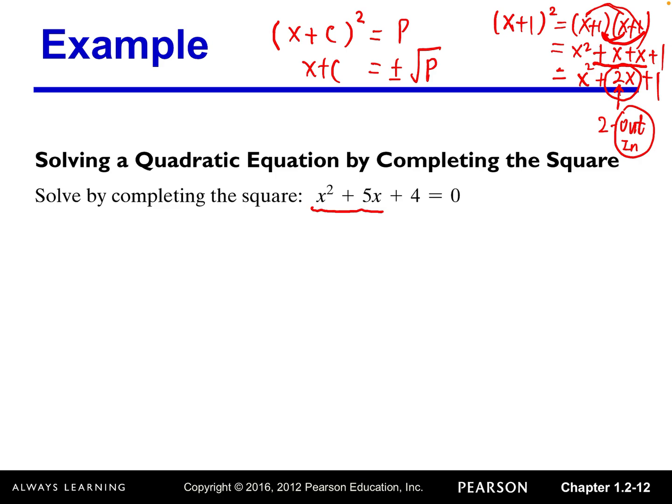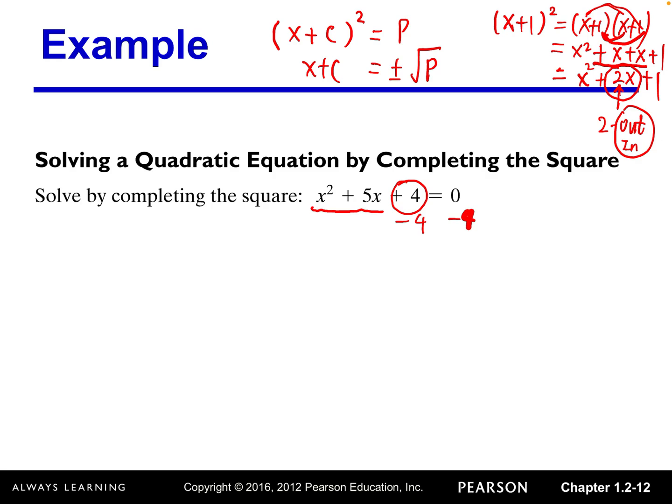So now let's look at this quadratic equation. We try to solve x squared plus 5x plus 4 equals 0 by the completing the square method. First step, we need to move the constant term to the right-hand side of the equation by subtracting 4 on both sides.